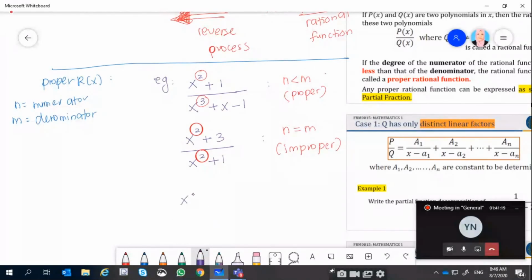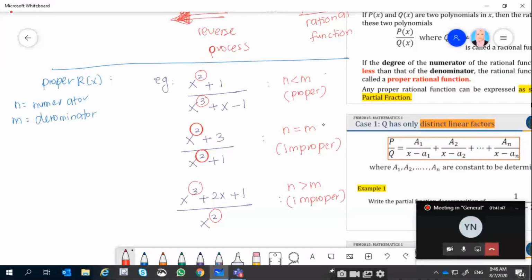Okay, so the next example, if you have (s to the power of 3 plus 2s plus 1) divided by s to the power of 2. So n is what? n is 3, and m is 2. This is improper. Yes, also an improper rational function.